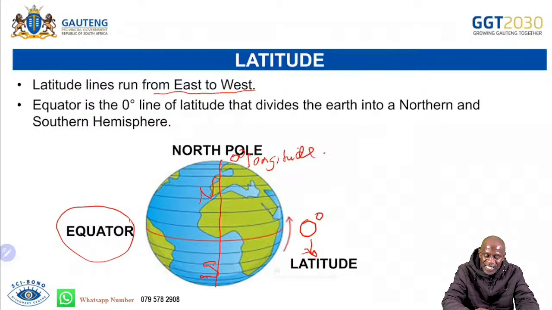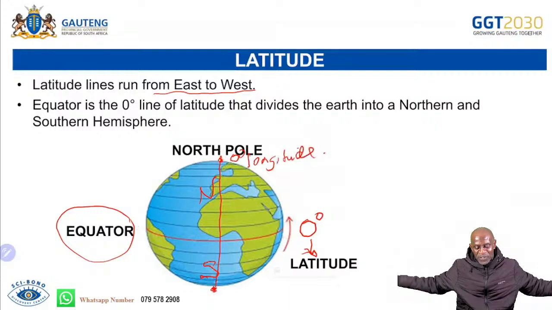Grade 12 learners, I think we can now separate between a longitude and a latitude. The longitude moves from the head to the toe, and the latitude moves sideways.